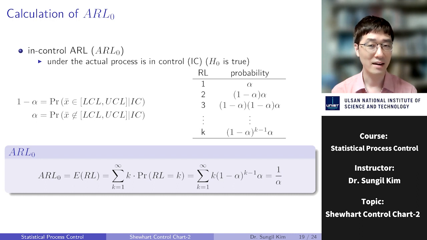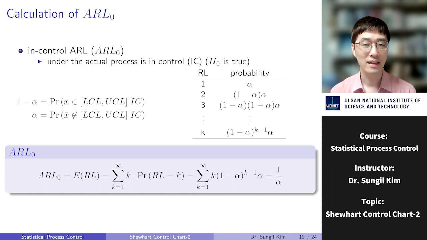The probability RL to be 2 is the probability that the first sample is within control limit times the probability that the second sample gives a signal, right? So it is 1 minus alpha times alpha. So in general, we can calculate the probability RL to be k, which is (1 minus alpha) to the power of k minus 1 times alpha.